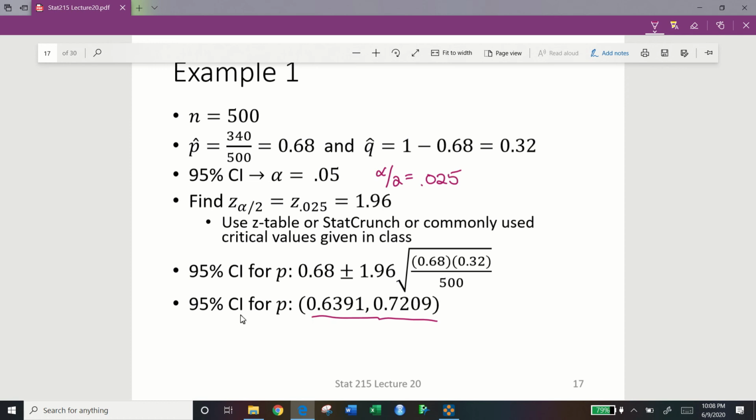We calculated that our 95% confidence interval for p was 0.6391 to 0.7209.